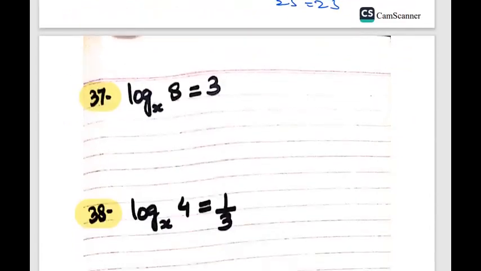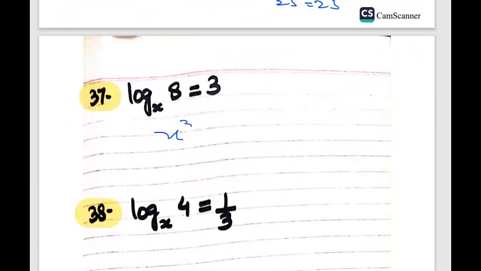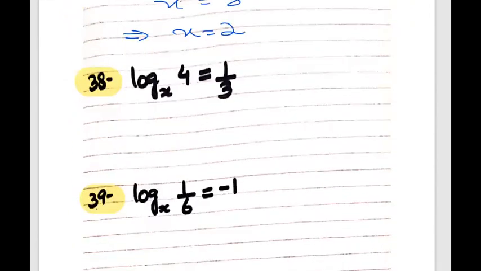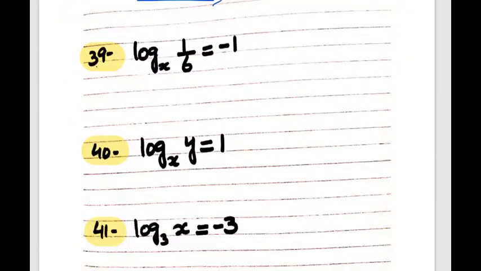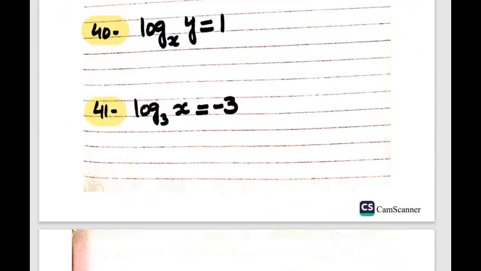Now we solve the next question. x raised to power 3 equal to 8. It means that x equal to 2. I think now you can solve question number 38, 39. And now we solve question number 40, which is this one, and we have to evaluate the value of x, which is very simple.